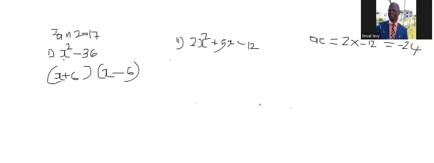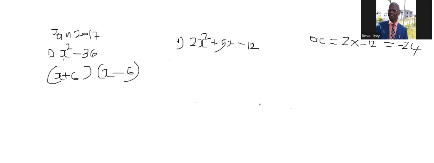Now we need to find pair factors of negative 24, so that when we add them, we get positive 5, and when we multiply them, we get negative 24. Right? So we have 24 times 1, that won't give us 5. When we add them, we have 12 times 2, that won't give us 5 when we add them.